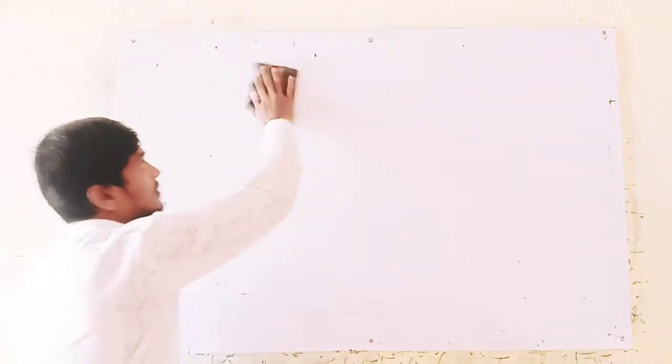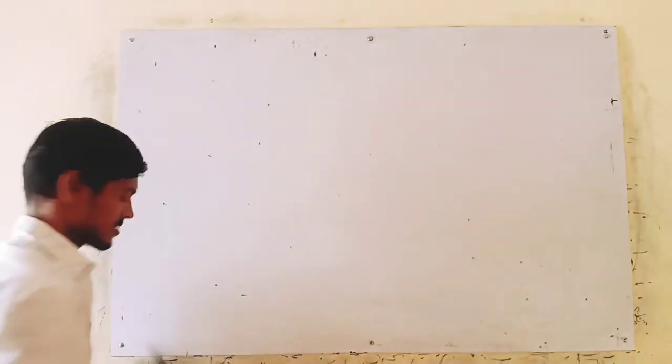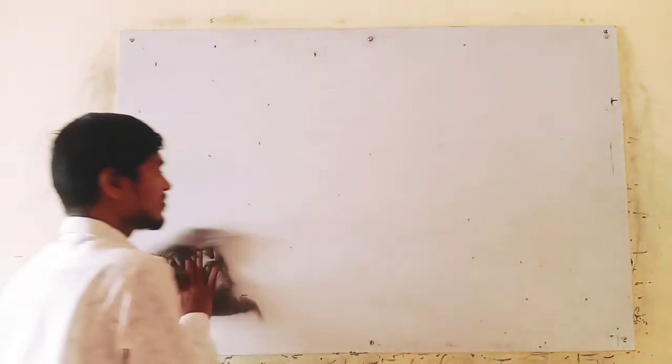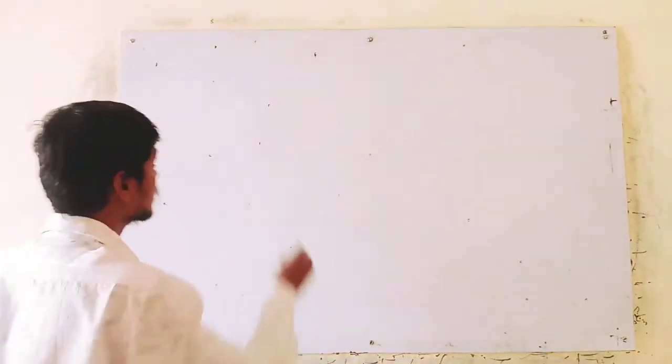So like this, we have a property belonging to determinants, that is, interchanging any two rows or columns, then the sign of the determinant value changes.